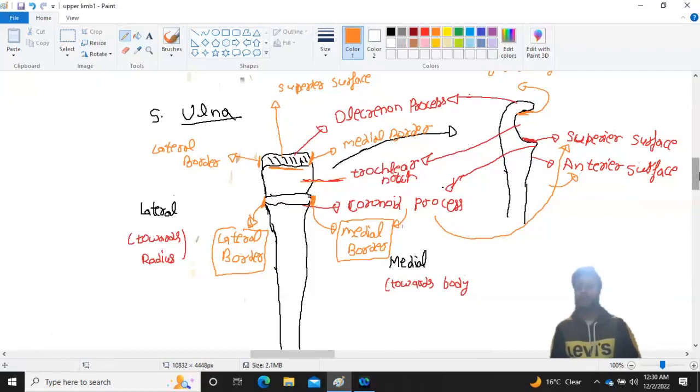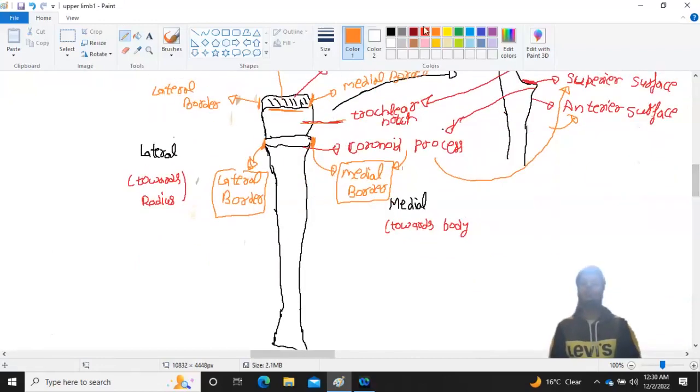Now next, the shaft. It also has one tuberosity. This tuberosity is present on the ulna, so it is called ulnar tuberosity.